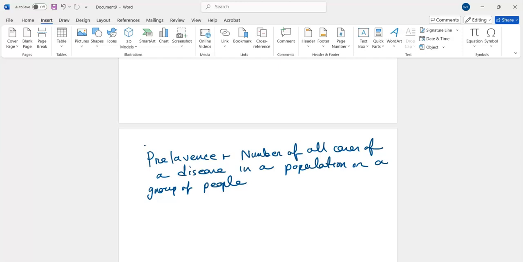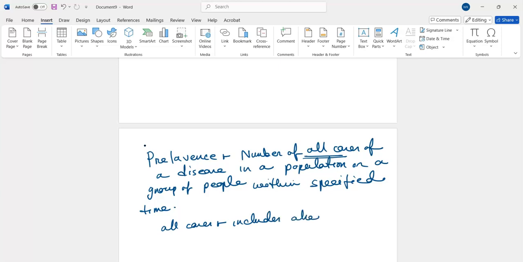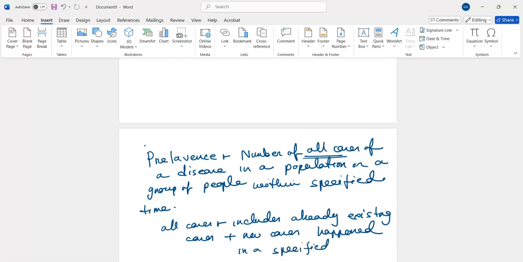Here also we need to specify a time, right? So here, the number of all cases includes already existing cases plus new cases that happen in a specified time frame.